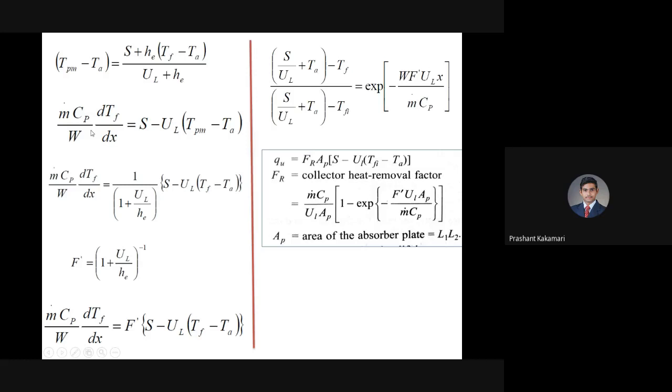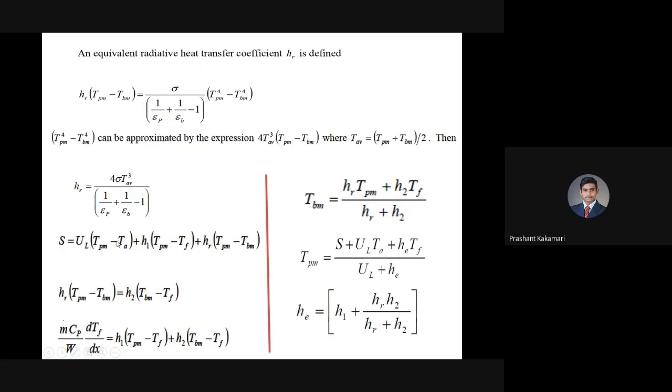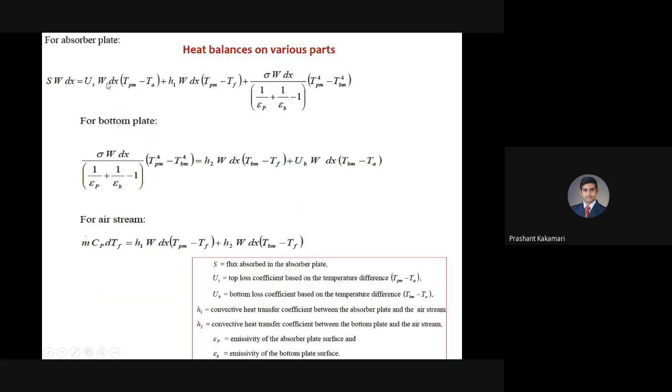Then for the air, the fluid flowing between the plates, MCP delta T, that we know already. Then the W dx, whatever is there earlier, see here in this equation, W dx is now taken in the denominator.